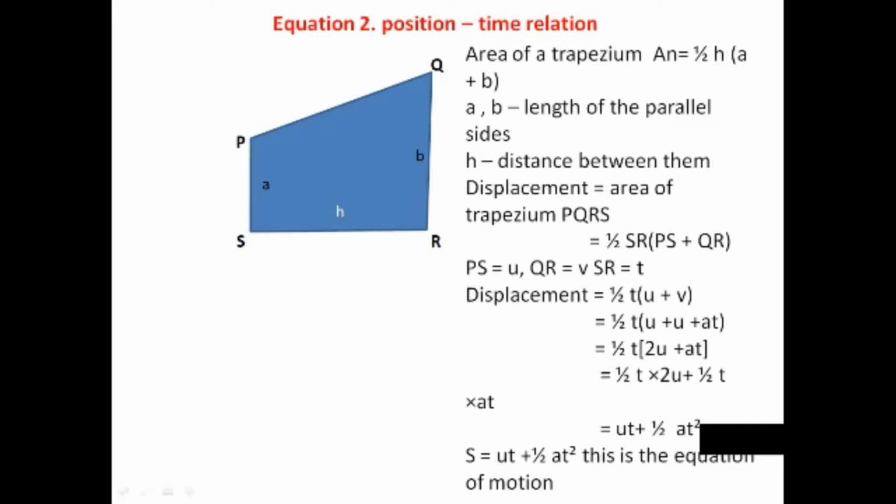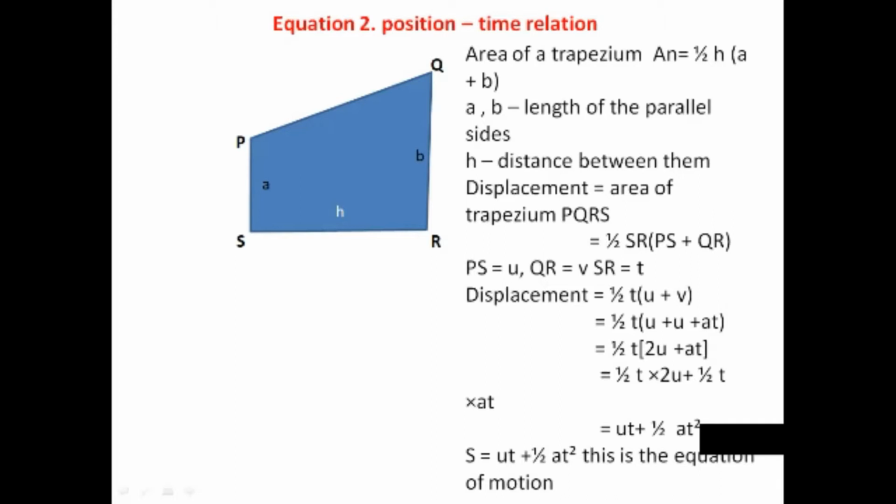We find the substitutions from that graph, and each of these equations follows the same way. So we have a trapezium PQRS. This is the same trapezium we considered for deriving the first equation of motion, the velocity-time relation. To find the position-time relation, first of all we have to consider the displacement of a body.